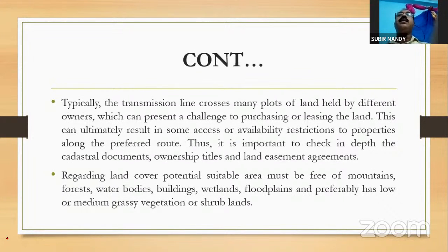This can ultimately result in some access or availability restrictions to properties along the preferred route. Thus, it is important to check in depth the cadastral documents, ownership titles, and land easement agreements.